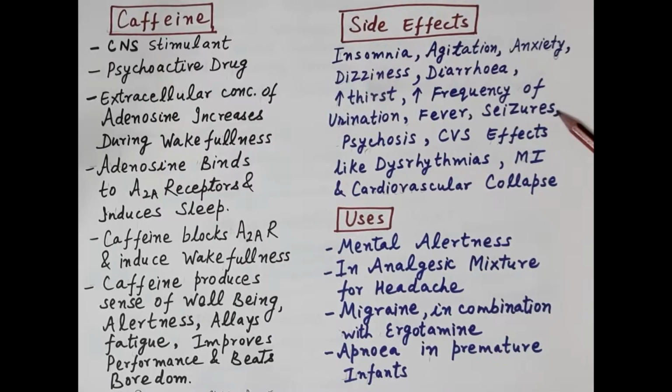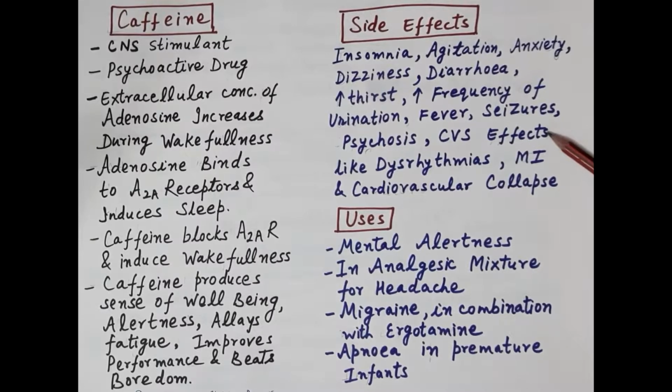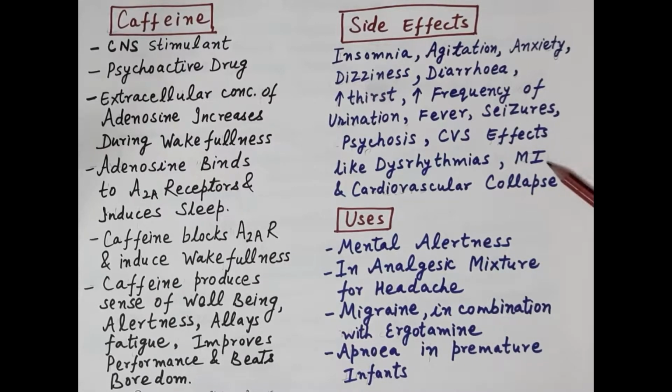Seizures can be produced at a very high dose. Psychosis also at a very high dose. It can produce cardiovascular effects like dysrhythmia. At very high doses, it can produce myocardial infarction and cardiovascular collapse. However, these side effects are not seen at low doses.